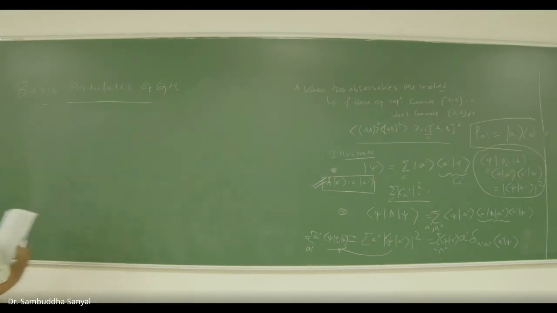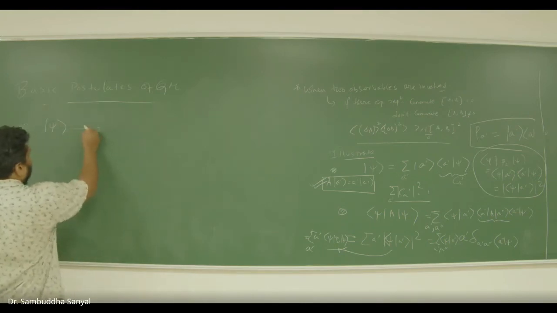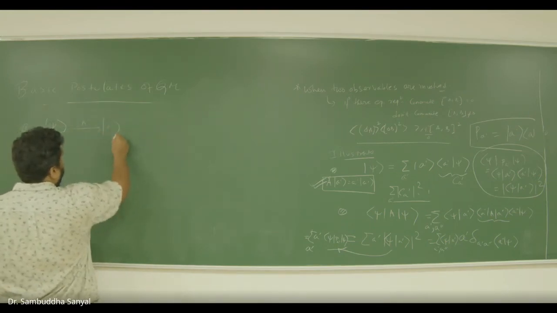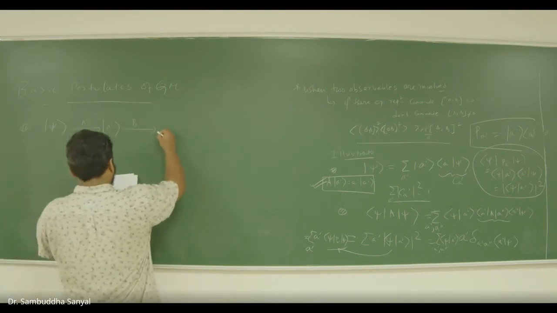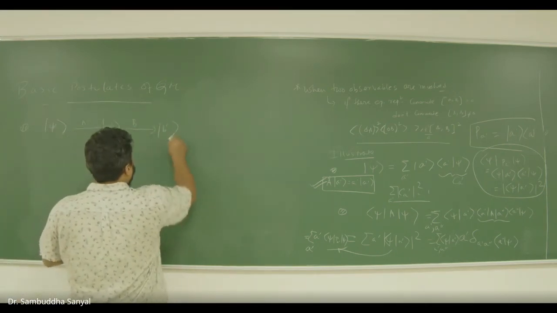Okay, then we talked about the two operator business. Operator A projects it to one of the eigenkets, then operator B will project into one of the B prime eigenkets.